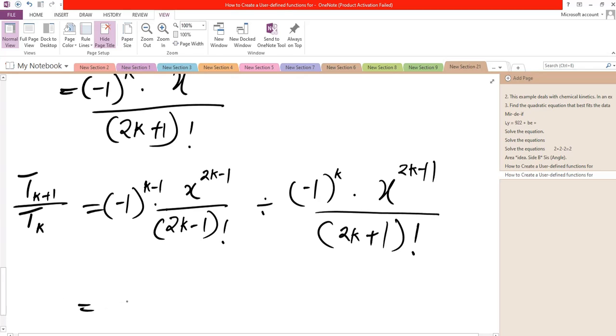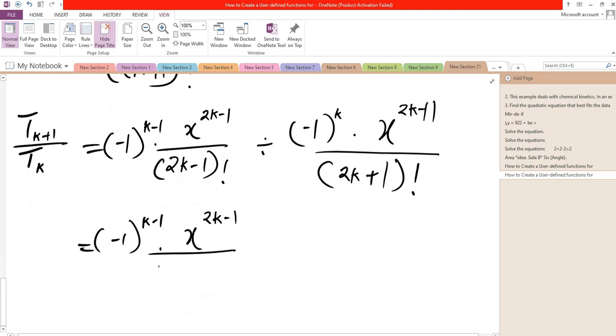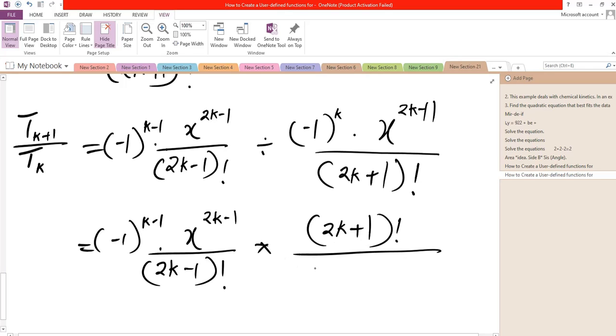So this is the same as saying minus 1 raised to power k minus 1 times x raised to power 2k minus 1 all over 2k minus 1 factorial, times, if you put the times here, you reverse this term, 2k plus 1 factorial divided by minus 1 raised to power k times x raised to power 2k plus 1.